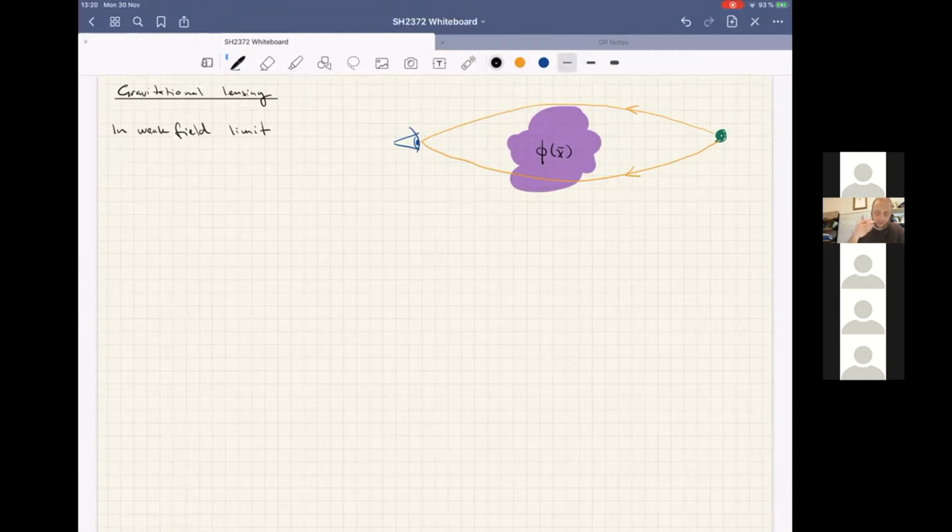If we look at the line element, it was given by (1 plus 2 phi) dt squared minus (1 minus 2 phi) dx squared, where this phi was the classical gravitational potential.